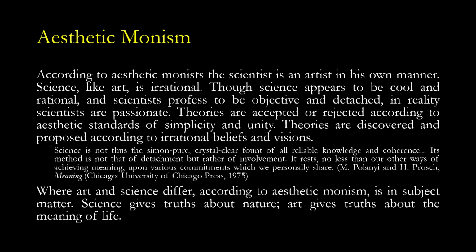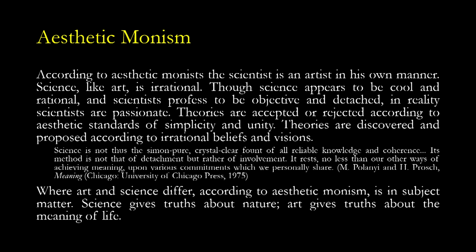Where art and science differ according to aesthetic monoism is in subject matter. So, art and science are not radically different, but what they differ in is the subject matter they are looking at. Science gives truth about nature, art gives truth about the meaning of life. So, the point where they differ is the matter they are looking at.